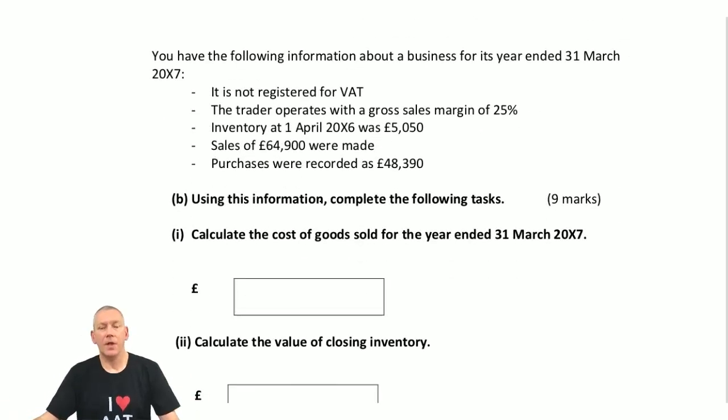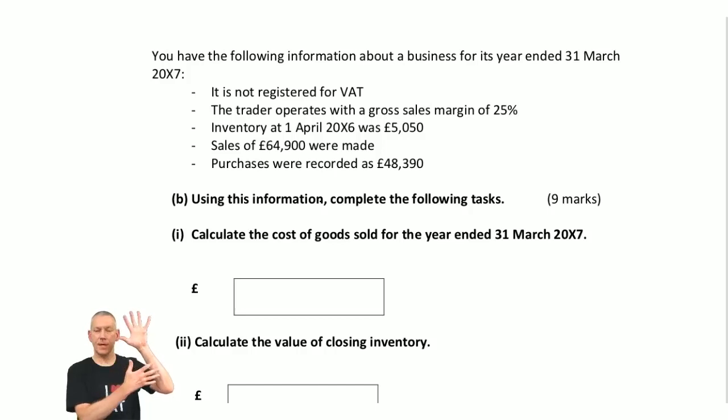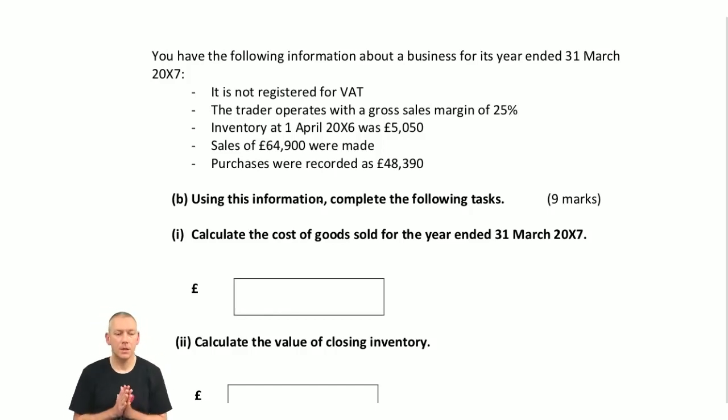Now that you have that expression, gross sales margin is equivalent to gross profit margin, and it's the gross profit on the sales. The next question asks us to have a play with the numbers, and the examiner's comments in this area were that students struggled a little bit to play.